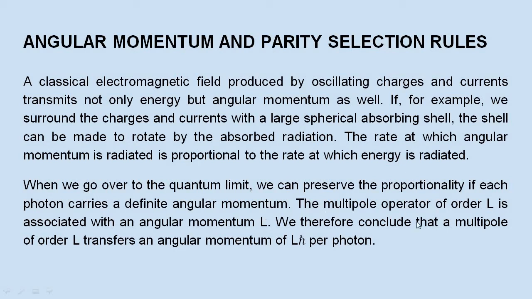The multipole operator of order capital L is associated with an angular momentum L. We have already denoted the multipole order as L, and actually that letter L was used because it depends on angular momentum.